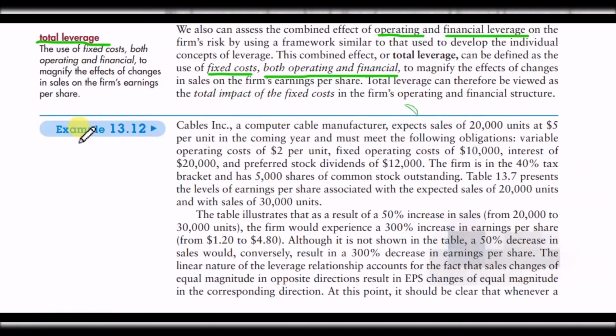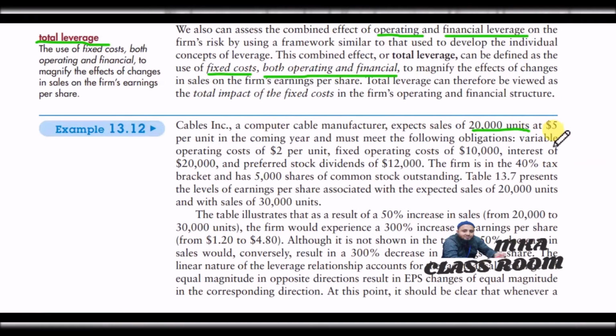So here is an example. Cables Corporation, a computer cable manufacturer, expects sales of 20,000 units at 5 taka per unit in the coming year.